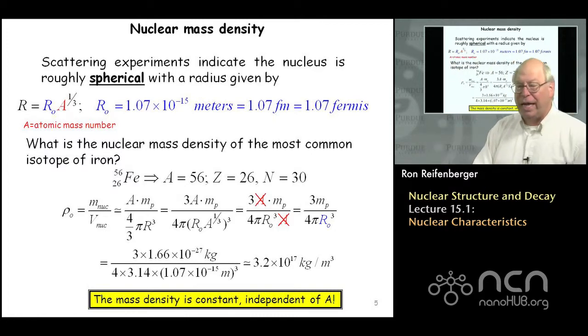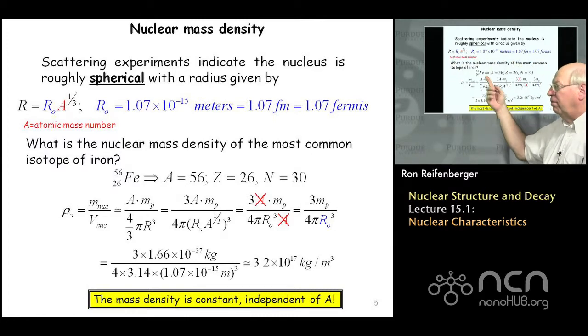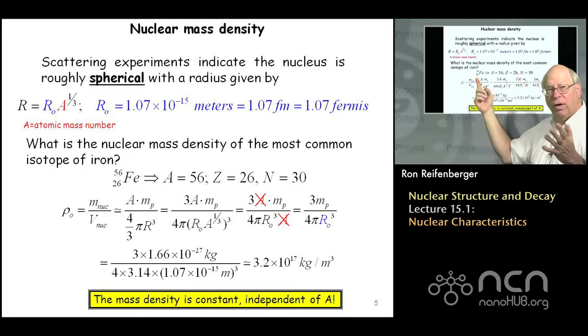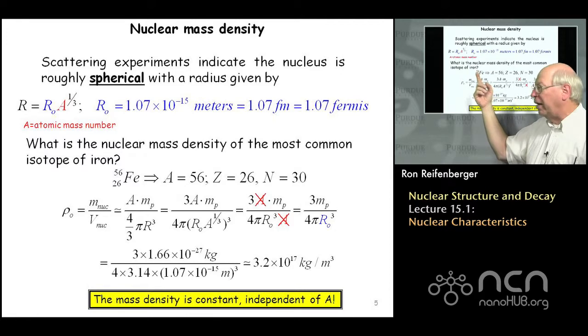I'll run through that calculation for the nucleus iron. In this particular case, iron has 26 electrons, so it's got to have 26 protons. This particular nucleus of iron has 30 additional neutrons associated with it, so the atomic mass number is equal to 56.